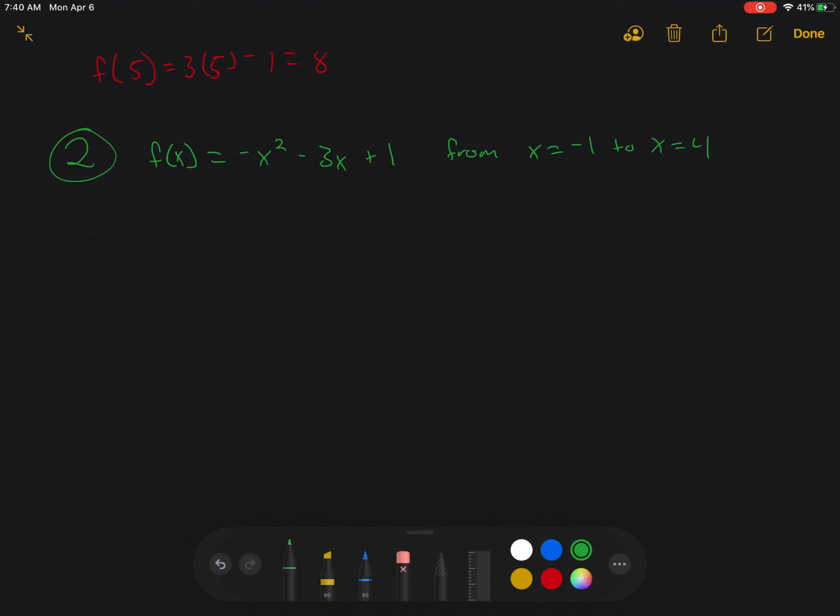Just like last time, we're going to start plugging in those x values into our function. So we have our f of 4 and our f of negative 1. First things first, just start plugging and chugging.